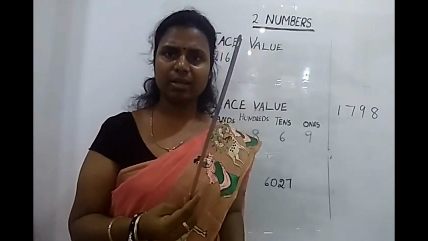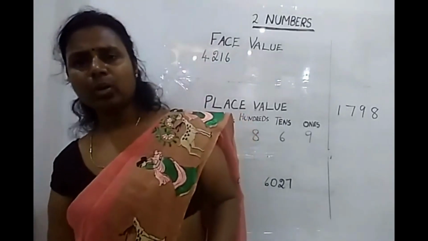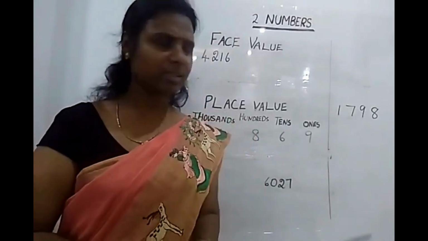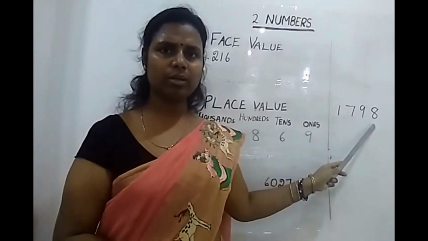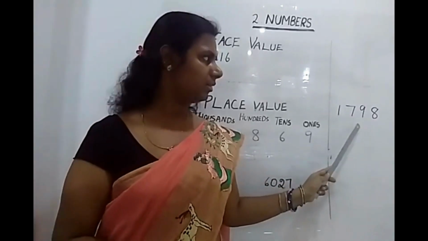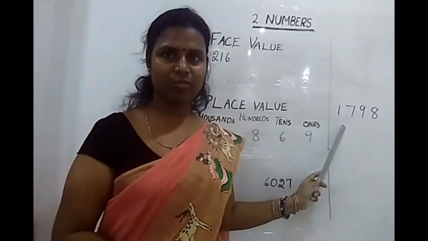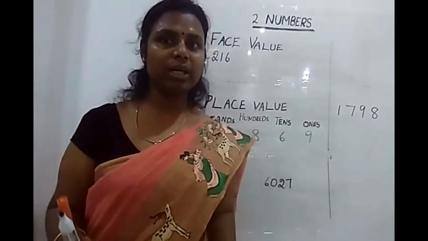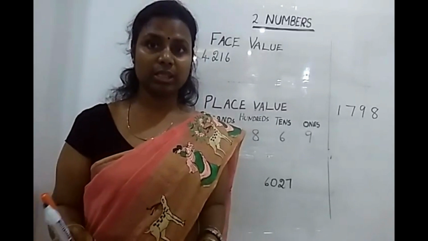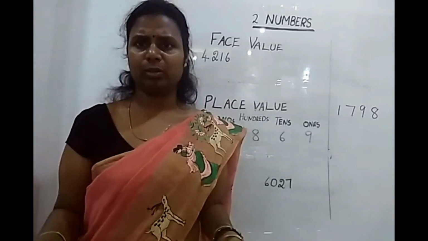This is a scale, isn't it so? By looking at any digit, don't you recognize? What is this number? 8, 9, 7, 1. So by looking at anything, what you recognize, what you see, that is face value.